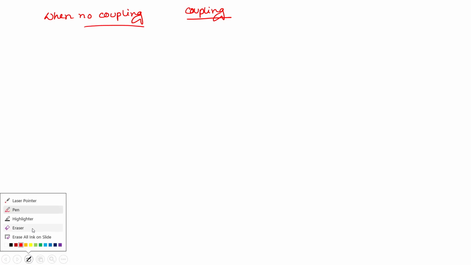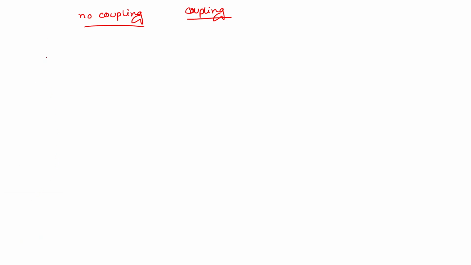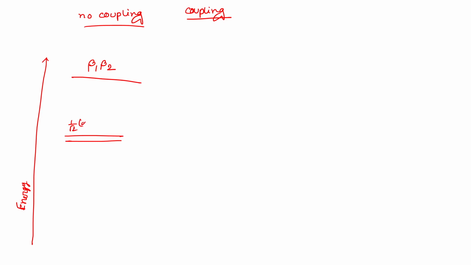So earlier, this was the case, beta 1, beta 2, and these two states were degenerate.